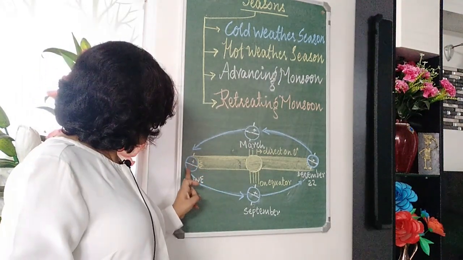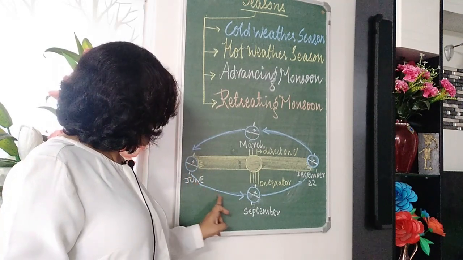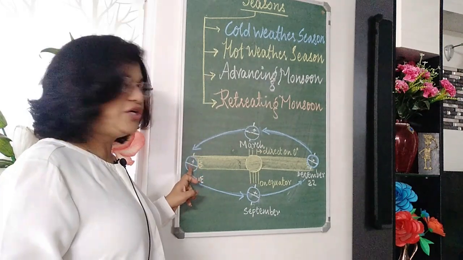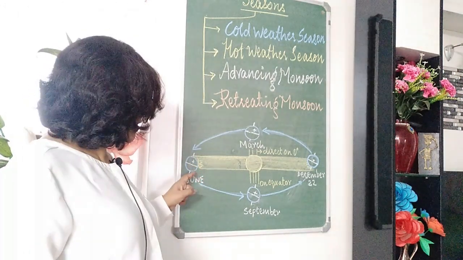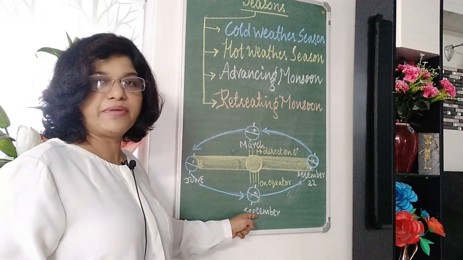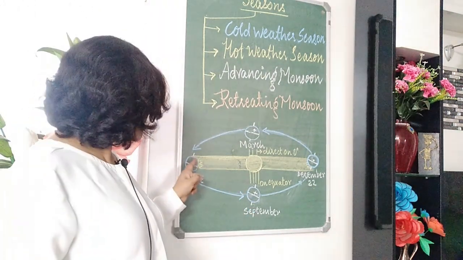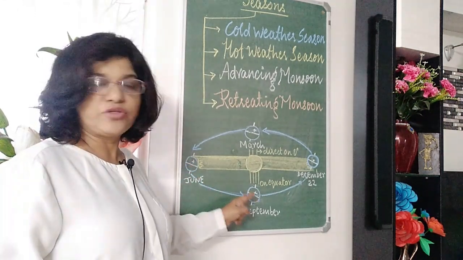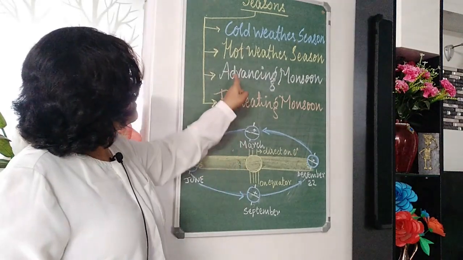Then from June, up till September, the heat belt shifts from the northern hemisphere to the equator. By the time it shifts to the equator, it comes to the month of September, and during this time the monsoons arrive. So, this is the season of the advancing monsoon.